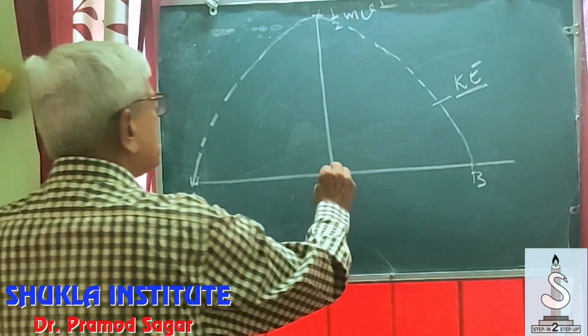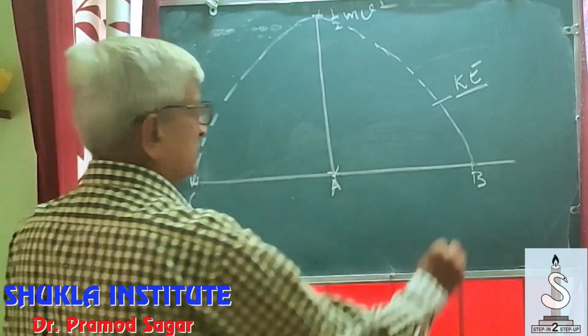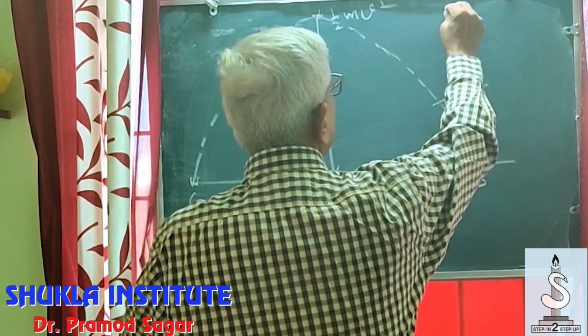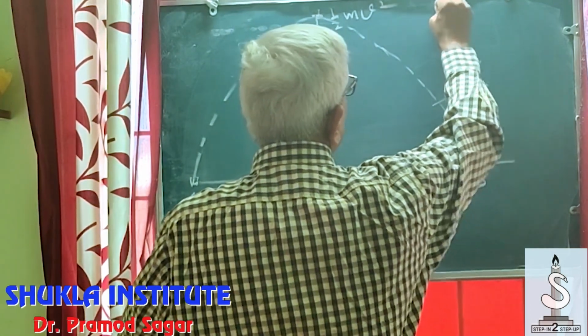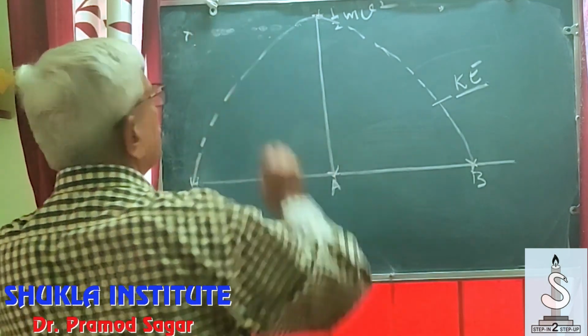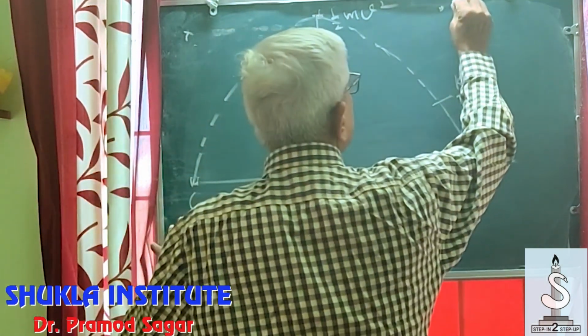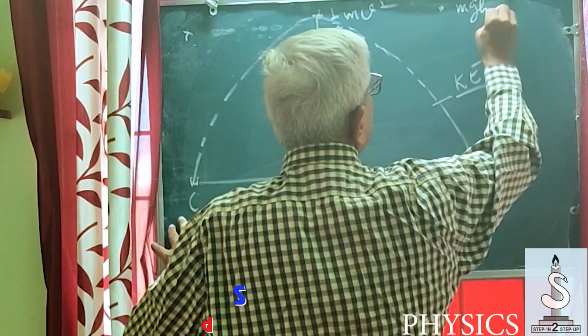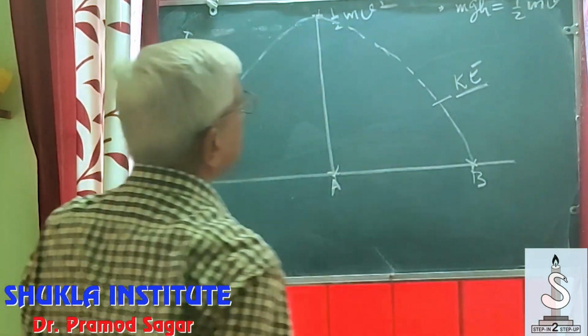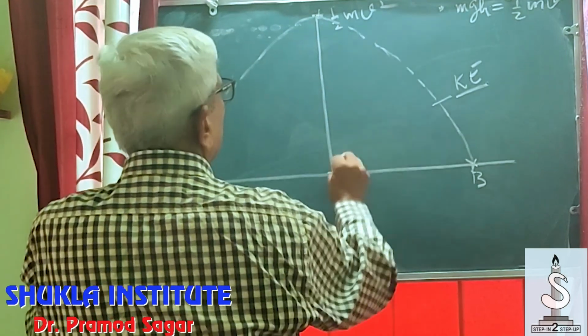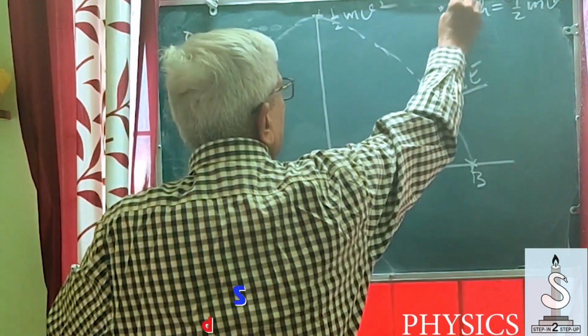The potential energy here is 0. The potential energy here is mgh, which is equal to half m v square. So at the two extremes the potential energy is mgh and is equal to half m v square.